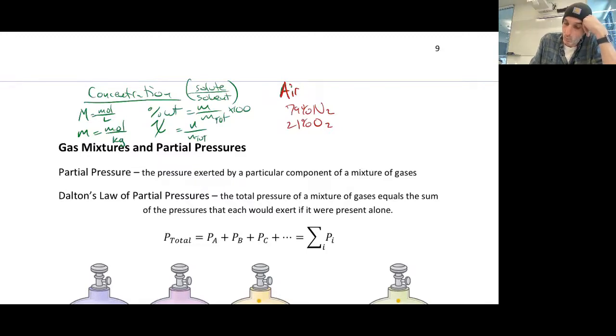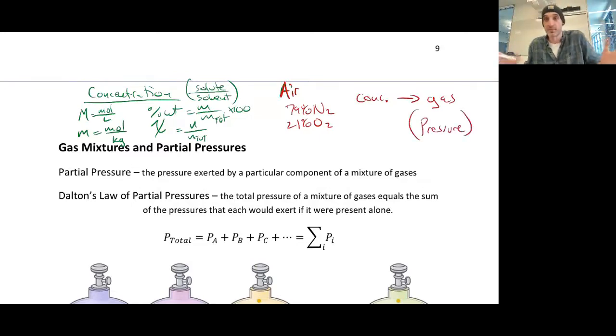When we're talking about a gas, pressure is my unit of concentration. Anytime you're talking about a gas, the amount of pressure something applies is the concentration.